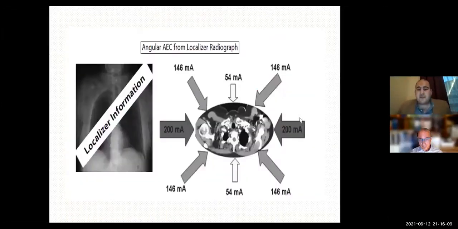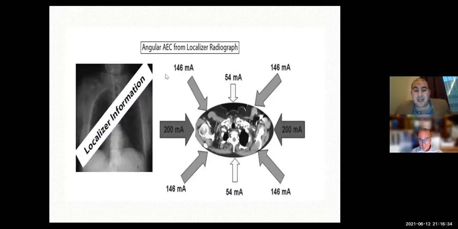As you see here, in this region we are giving the patient 54 milliampere, but in this region we give 146, and here 200 milliampere. Different values of milliampere, called angular modulation, is more effective to reduce the patient dose, reaching 50% reduction in the patient dose with the same image quality as fixed milliampere.